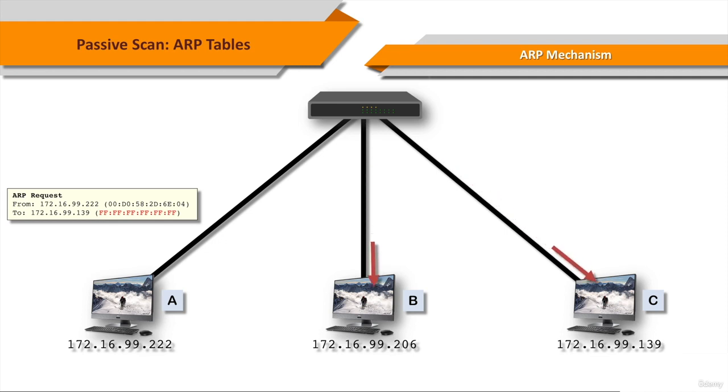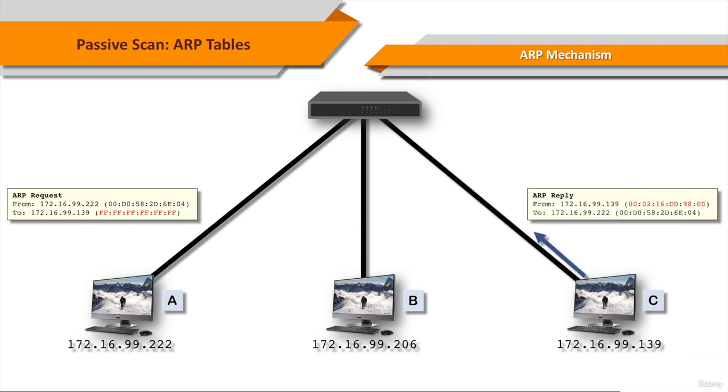Does everybody respond? Well, what happens is that B hears that A is looking for the MAC address of computer C. B knows that it's not computer C and therefore does not respond to the broadcast. The ARP request goes out to every system, but the only system that will reply is computer C with an ARP reply.